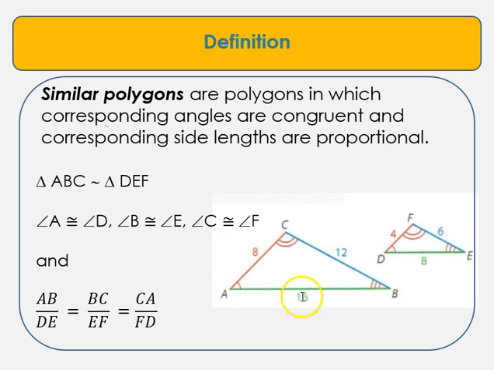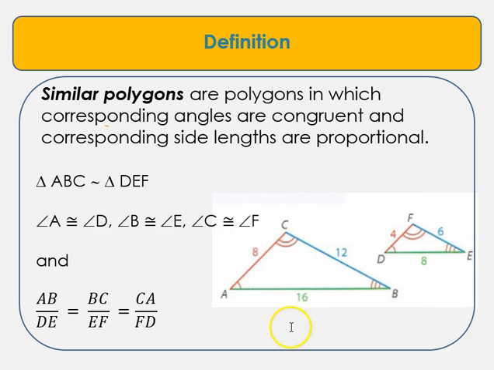So for those of you who struggled when we were doing congruent triangles, I want you to draw these triangles and put the markings in there so that you can actually visualize it while you're doing it. So ABC is congruent to DEF.